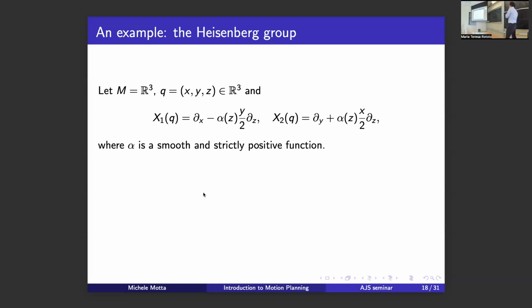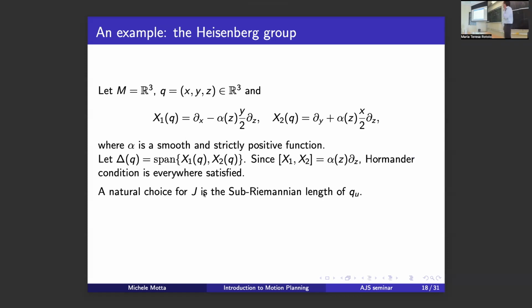So this is an example on the Heisenberg group, which is the simplest example in sub-Riemannian geometry. And okay, so the Heisenberg group is just R3. So we have these coordinates on R3, x, y, and z. And we take these two vector fields. You can see that these two vector fields are independent at each point.